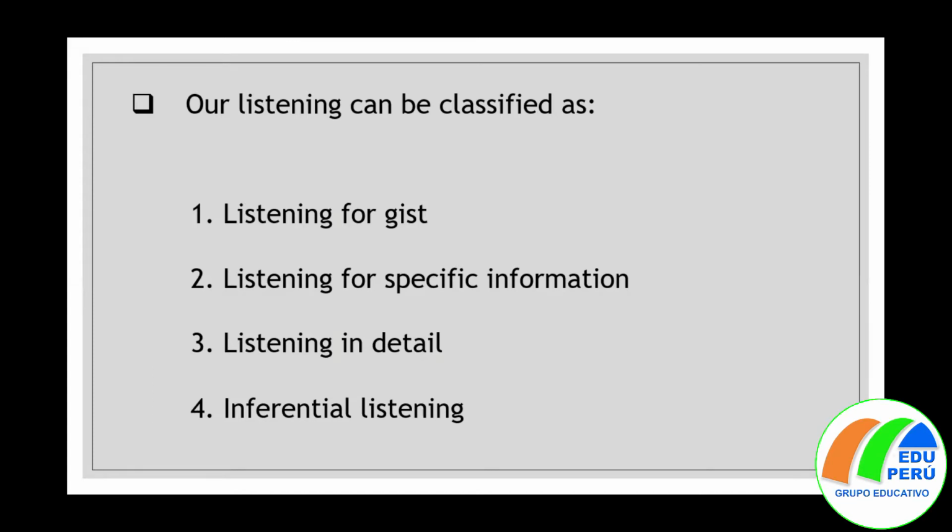Notice in number 3, listening in detail is when you listen to the whole text and decode the whole message. This is listening in detail, like reading in detail. Don't forget the difference. Listening for specific information is just some points; you have to look for some specific points.